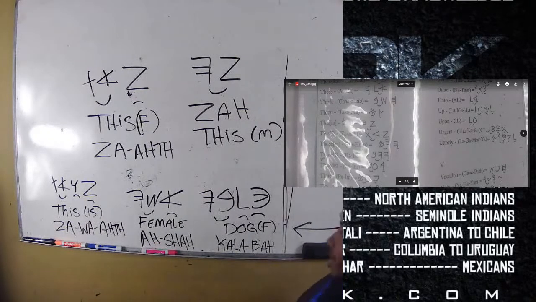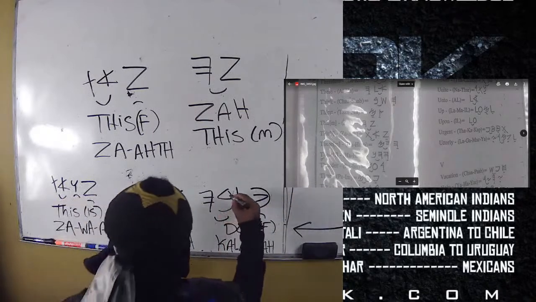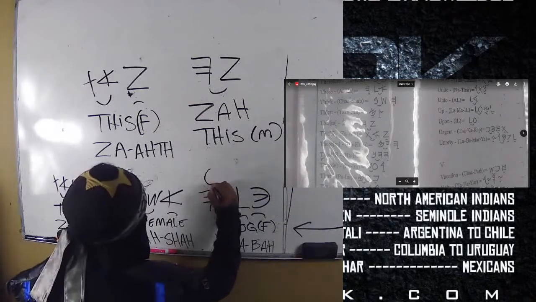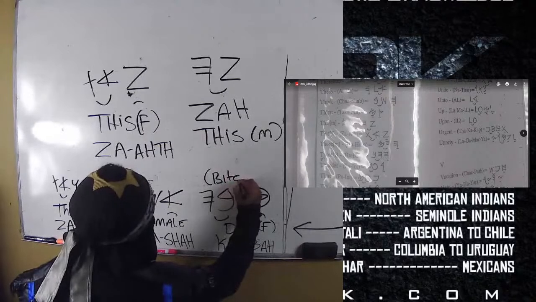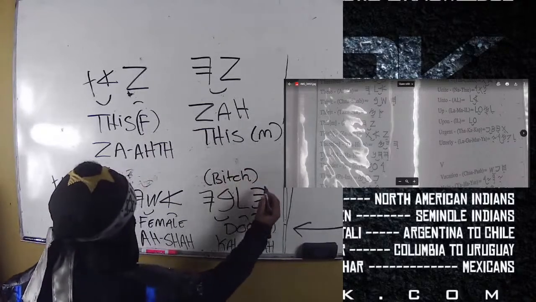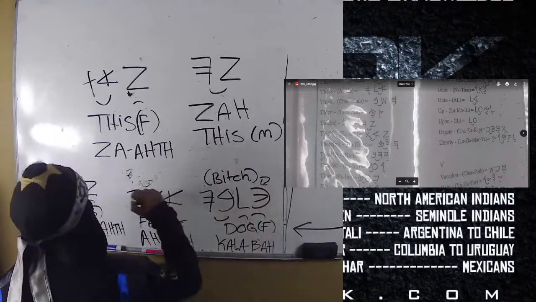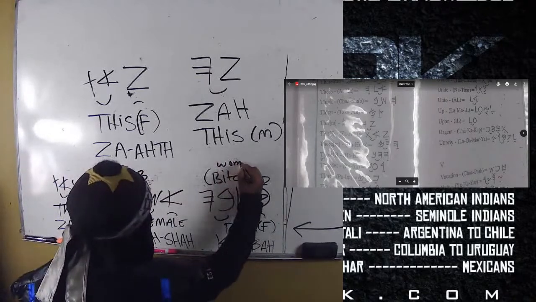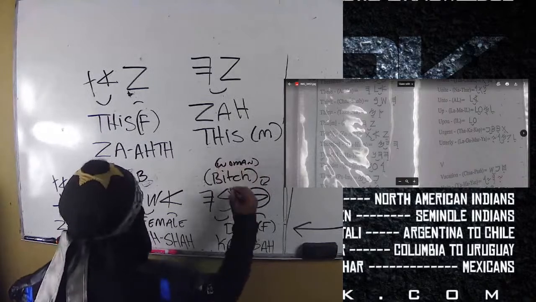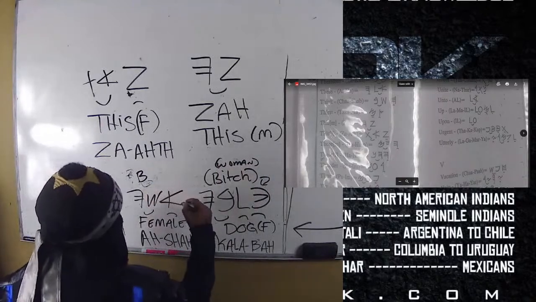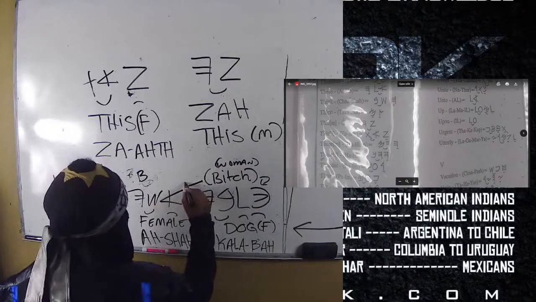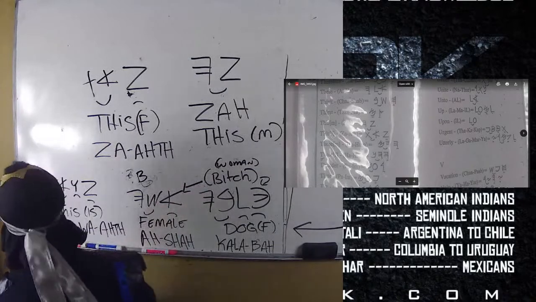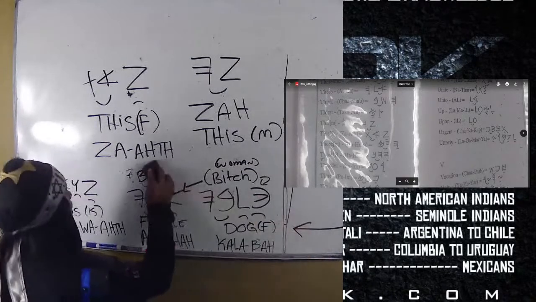Both of these you can find in the Bible. So this word right here, kalaba, is also used as B-I-T-C-H, and this is for a woman. And this one is also that word, but it's used for a man.